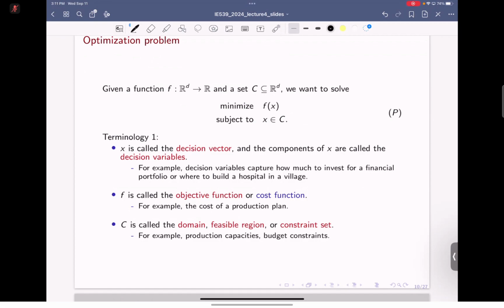Like a budget constraint, since you have to choose money out of your pocket, your budget is not unlimited. And also, some production lines have certain capacities, and cannot operate millions of machines at the same time. There's a restriction on how many machines you can operate simultaneously and so forth.